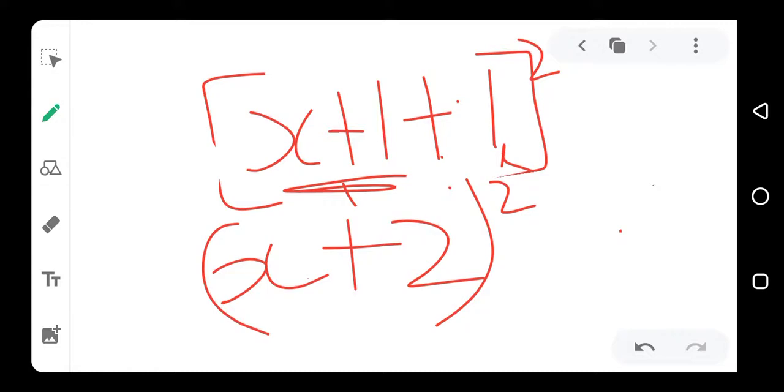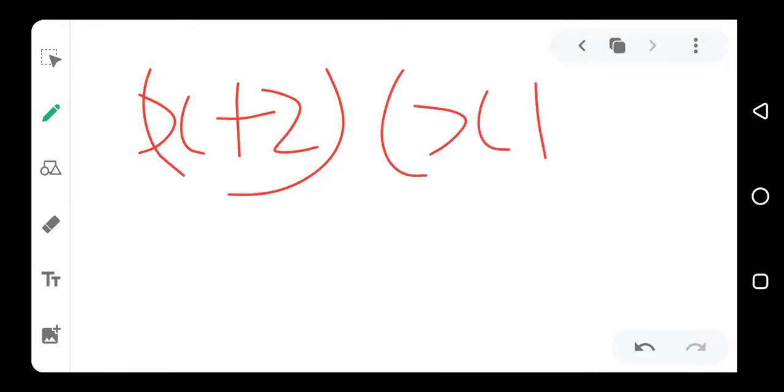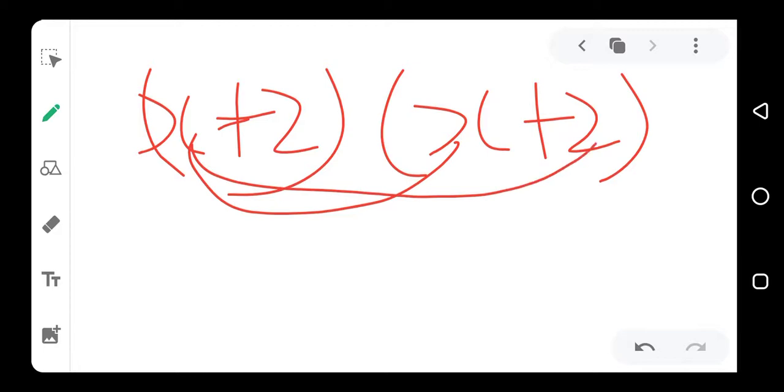X plus 2 raised to power 2 is the same thing as, if you solve this, we are going to get x raised to power 2 plus, let's write it out, that is x plus 2 bracket x plus 2. So we have this going to this, and this going to this, then this coming to this, and this coming to this.